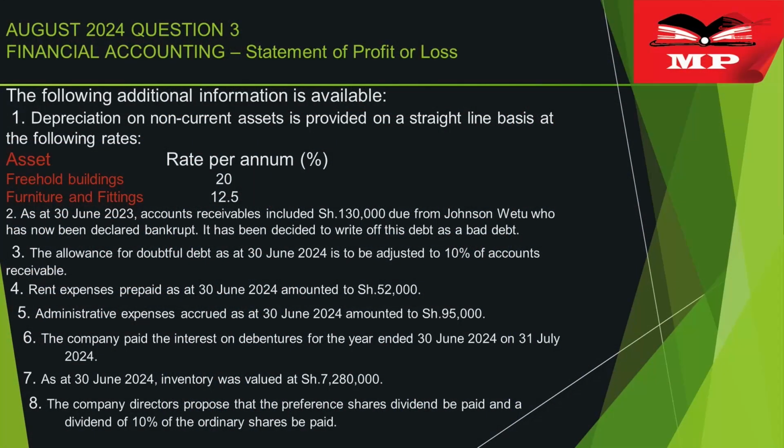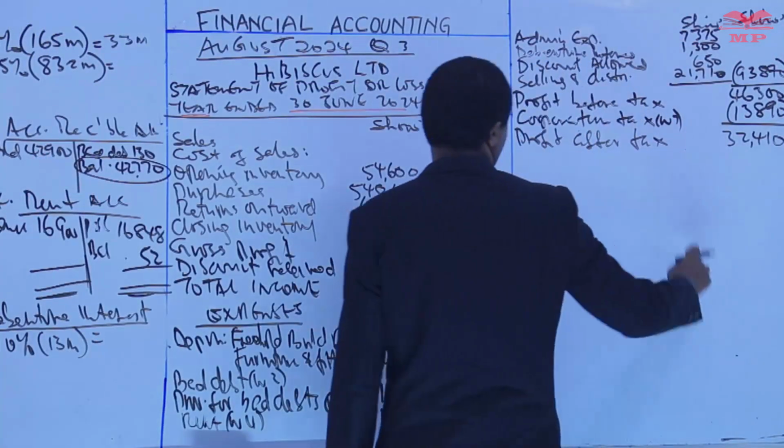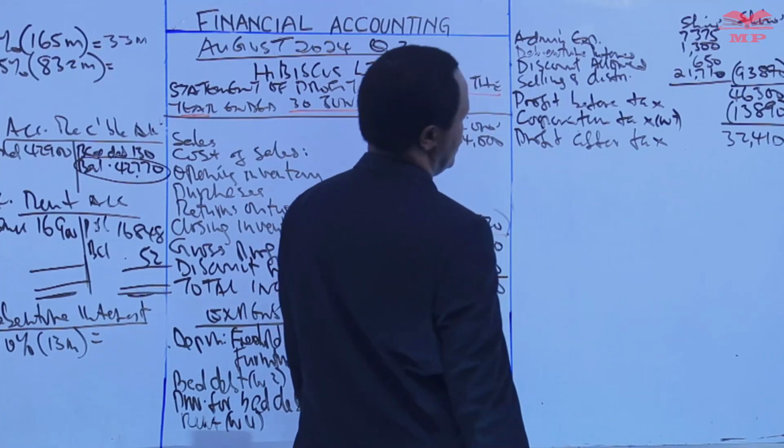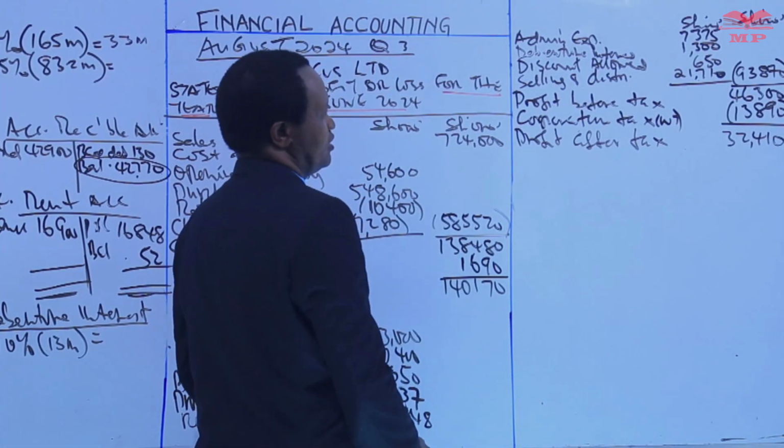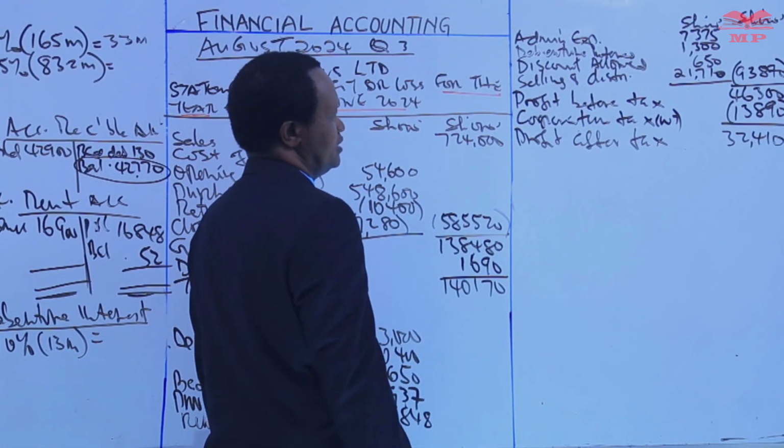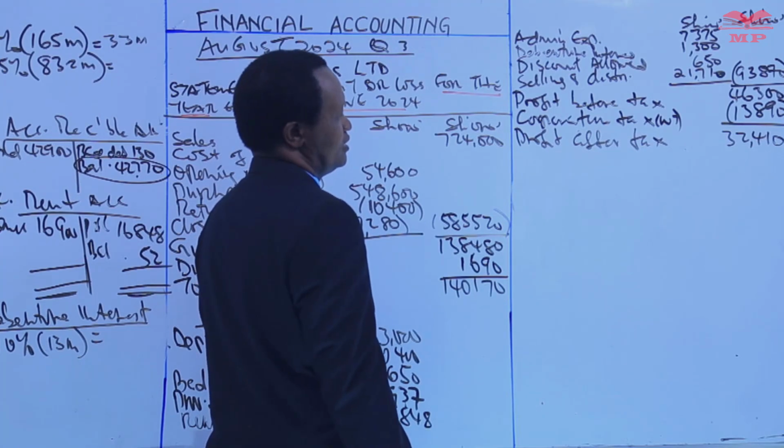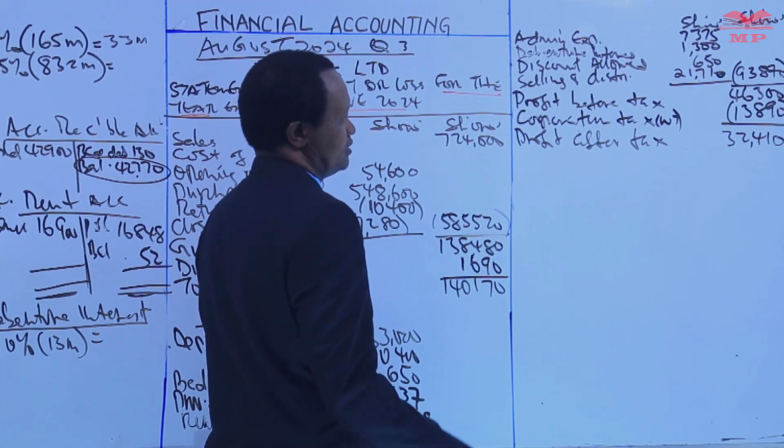The company directors proposed that the preference share dividends be paid and a dividend of 10% of the ordinary shares be paid. So first of all, after paying the government, give to Caesar what is due to Caesar. Caesar has taken the 30%.